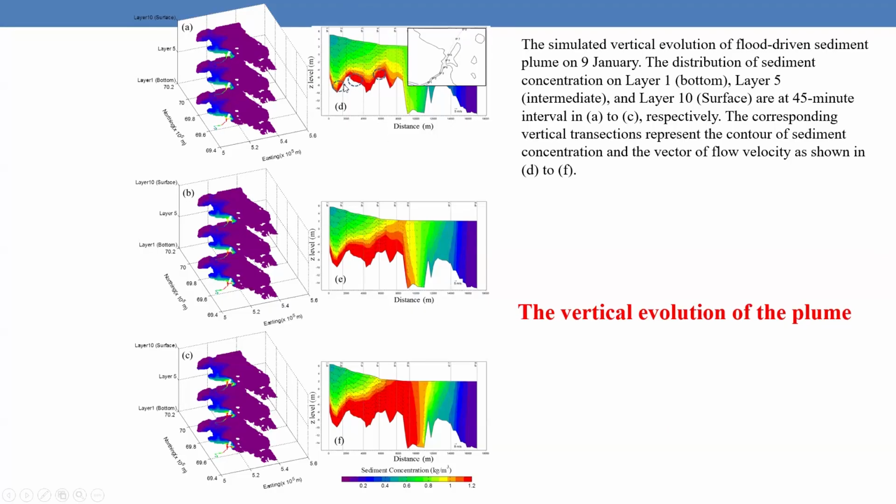And also you are able to see the vertical slice. So then we are able to see how the plume has evolved vertically and horizontally. That's very clear to see.